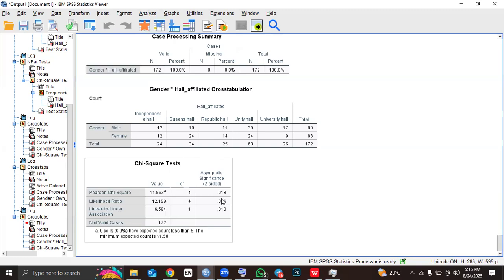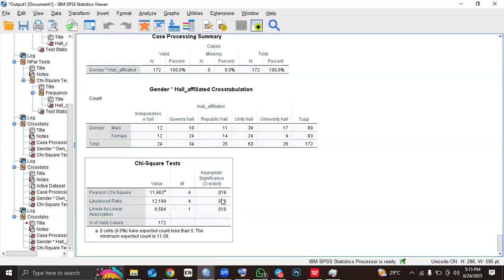There's a significant association between gender and hall affiliation. So it means that the likelihood of males going to a particular hall significantly differs from the likelihood of a female going to another hall.